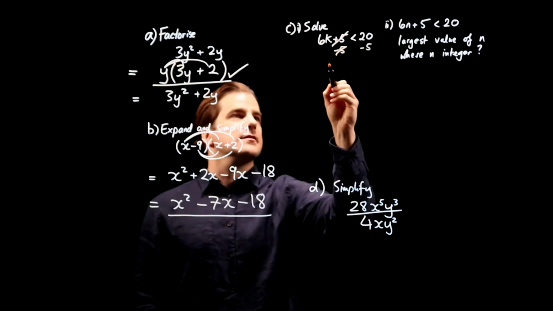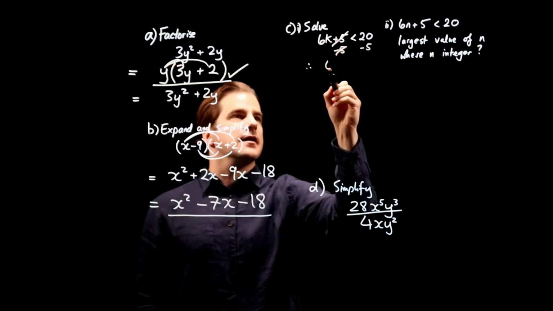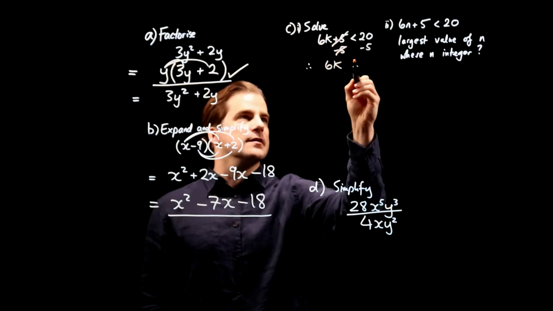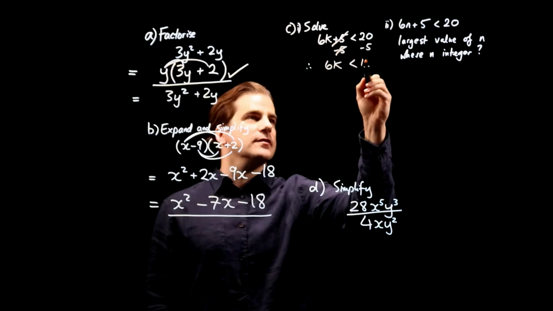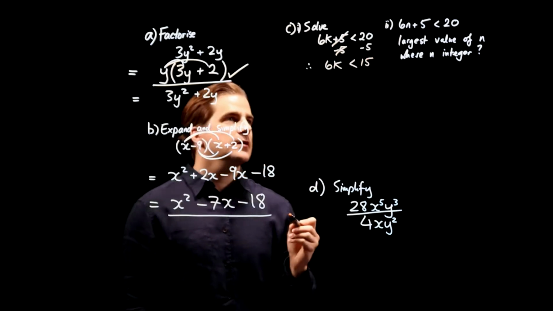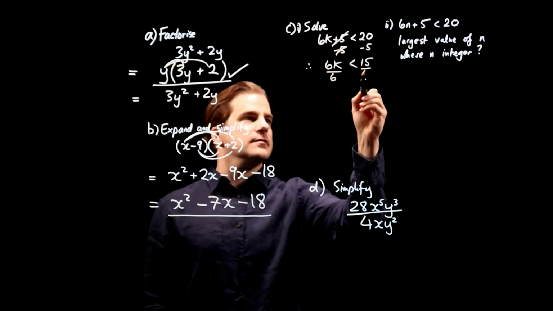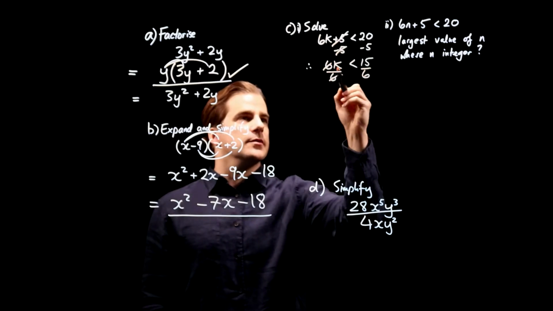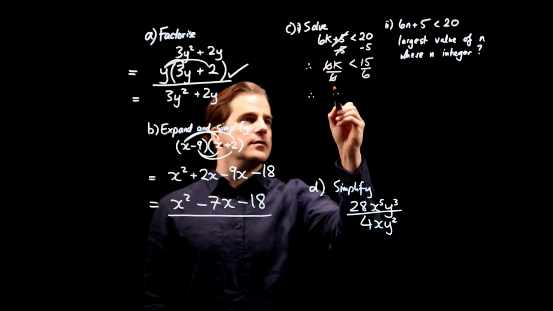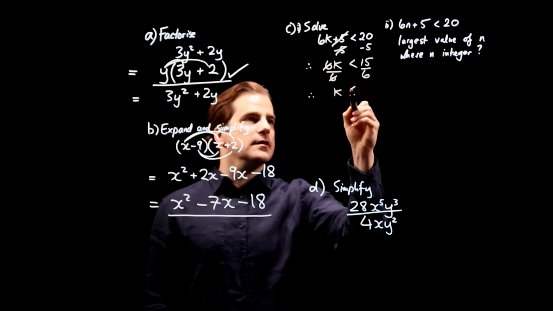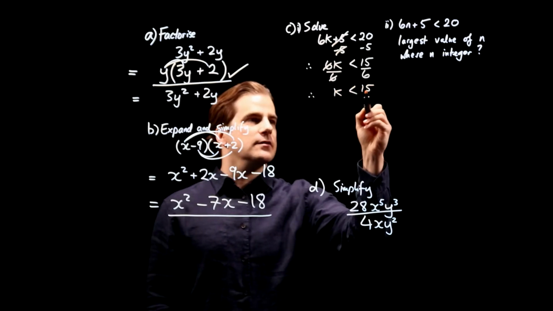And we get 6k is less than 20 minus 5 is 15. Okay, divide both sides by 6. Therefore, k is less than 15 over 6.